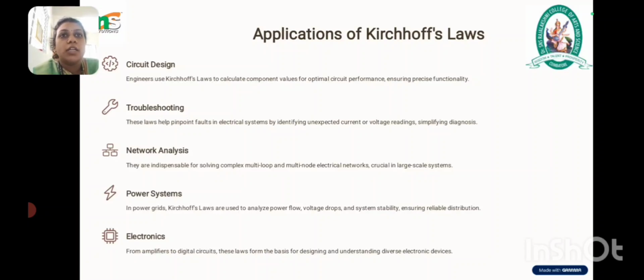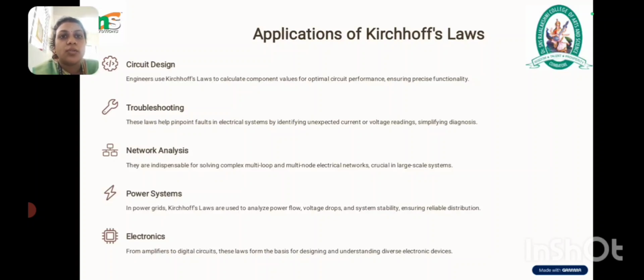Then power distribution systems: KVL ensures the voltage drops in transmission lines match the supplied voltages, and KCL balances current flow at distribution points.